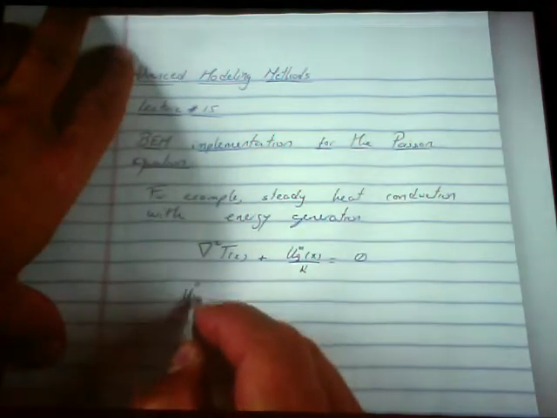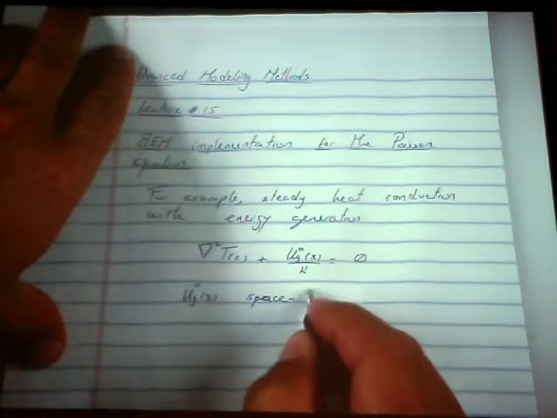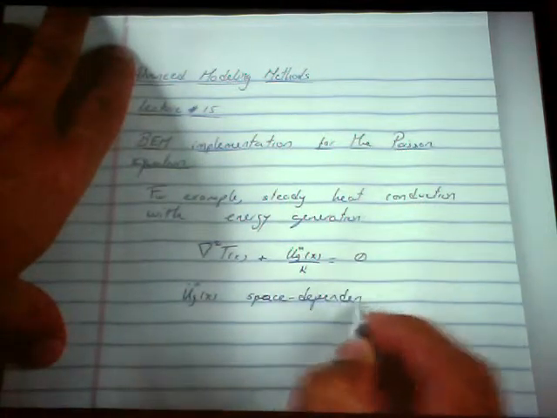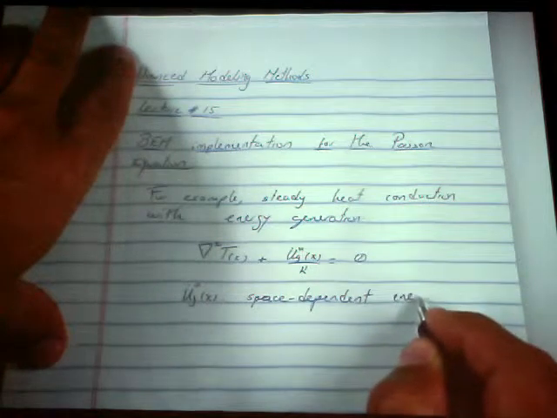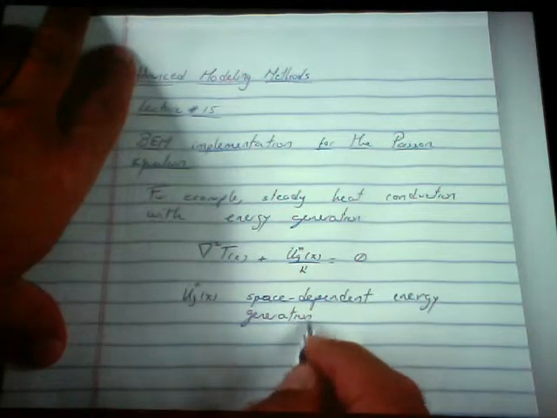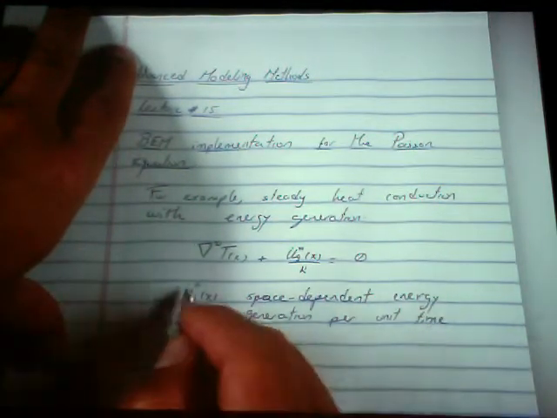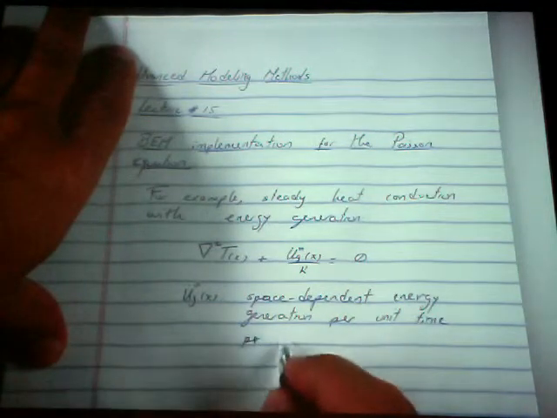UG triple prime of X is a space dependent energy generation per unit time. That's why there's that dot, per unit volume.